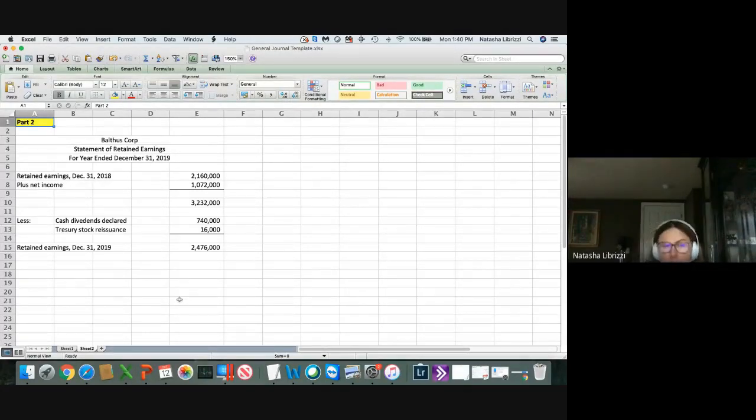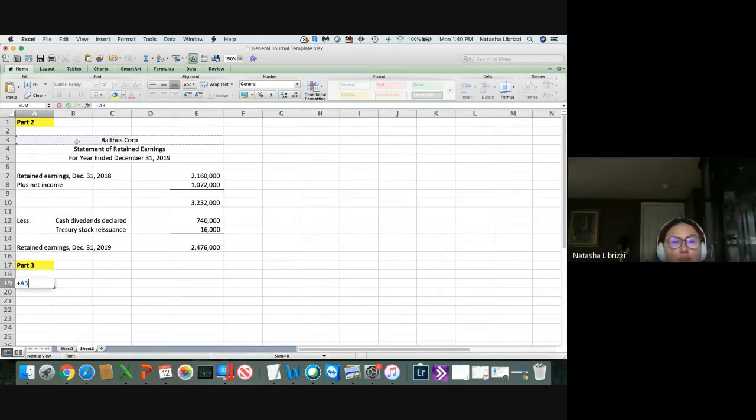All right, I'm going to go to part 3. So it's the same name of a company, different name of the statement. This says our stockholders' equity section of the balance sheet.